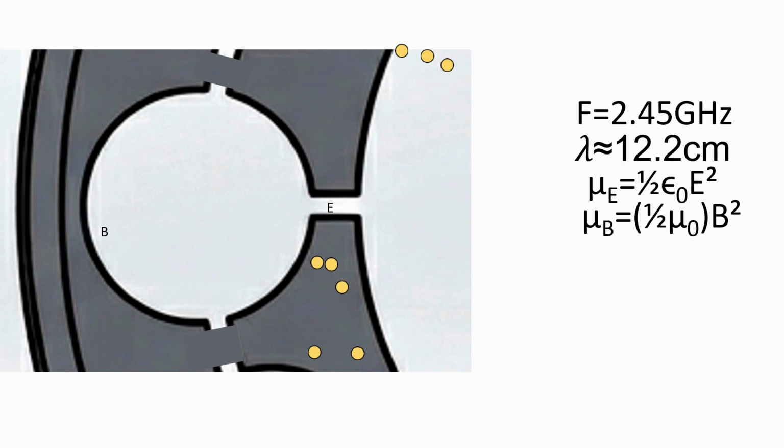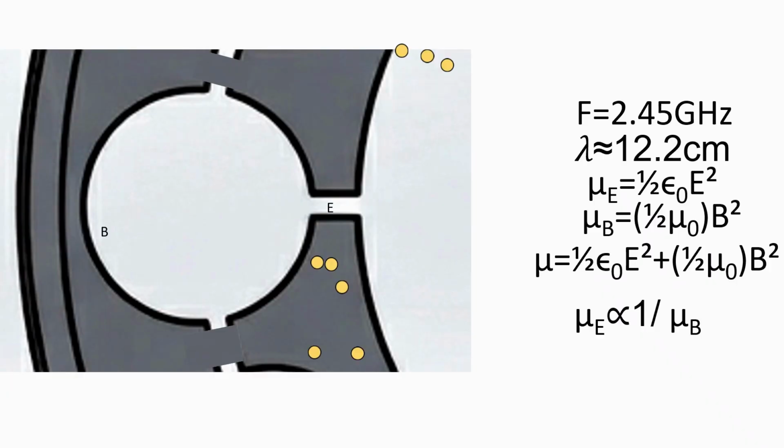Now, both of these fields exist together and hence the total density is equal to the sum of these two. However, since the total sum is constant, we can conclude that these two terms are inversely proportional.